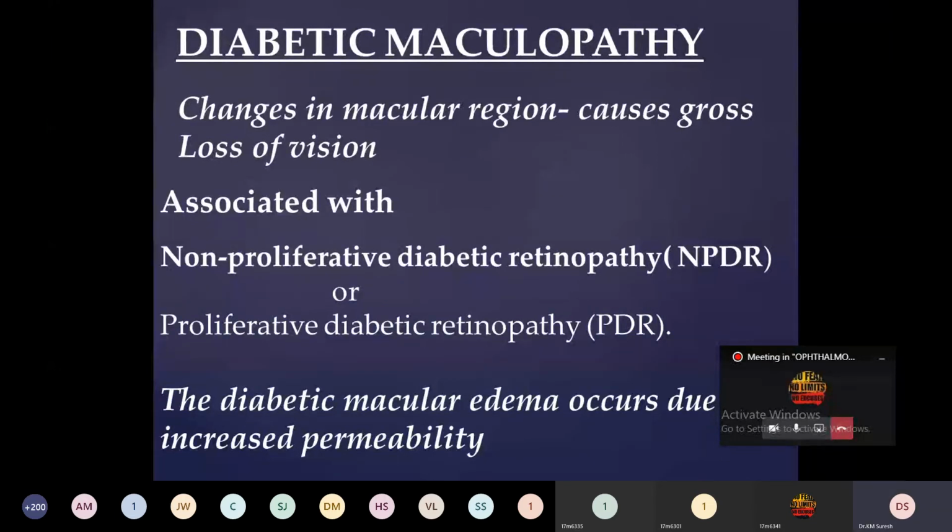The diabetic macular edema basically occurs due to the increased permeability of the vessels. The macula is normally an avascular zone, but the vessels around the macula can start pouring fluid, and hence there will be increased permeability and retinal edema.